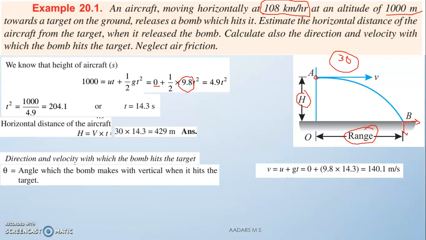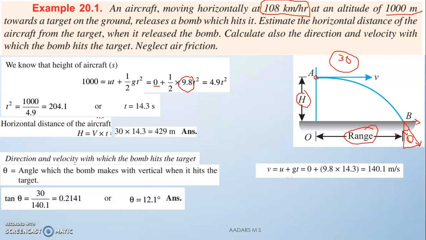The angle the bomb makes with the vertical when it hits the ground is given by horizontal component divided by vertical component. Tan θ is equal to opposite side by adjacent side. The opposite side is the horizontal component, 30 meter per second, and the adjacent side is the vertical component, 140.1 meter per second.